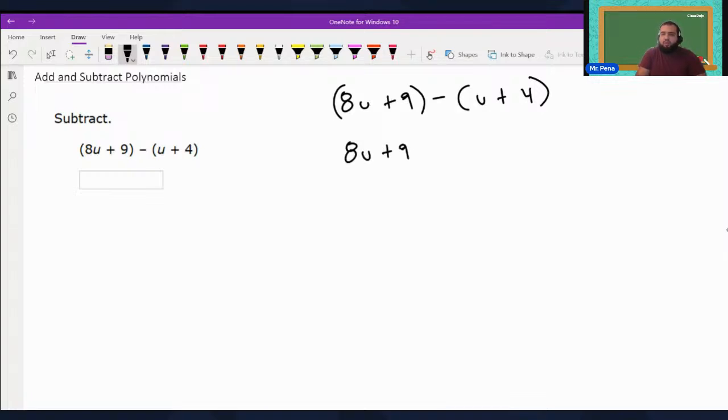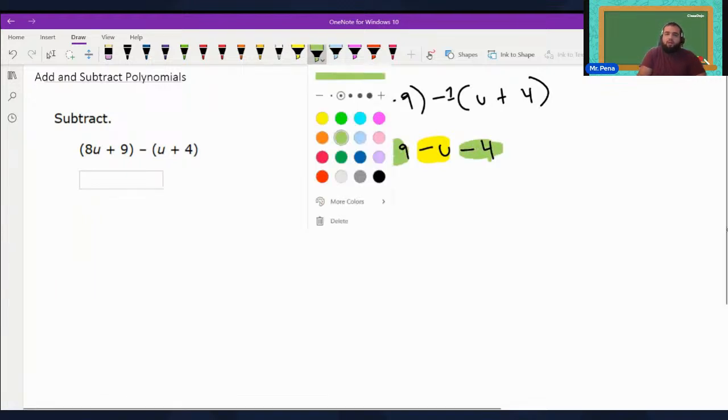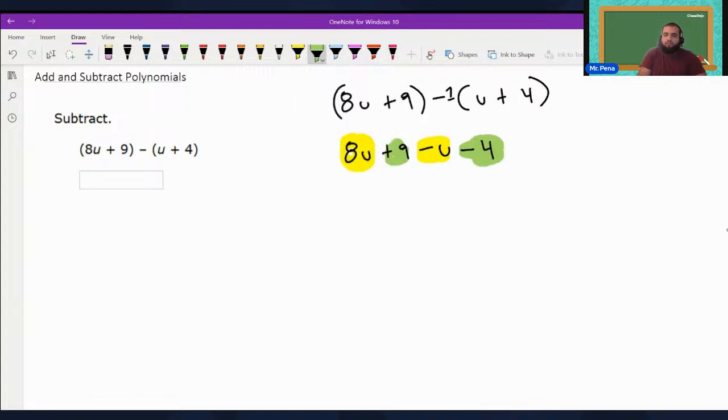And we're going to distribute the negative 1 to get negative U minus 4. Next, we're going to combine like terms. Numbers with numbers, letters with letters.